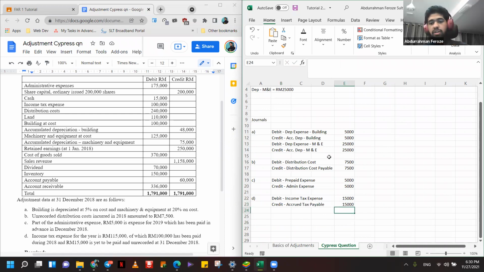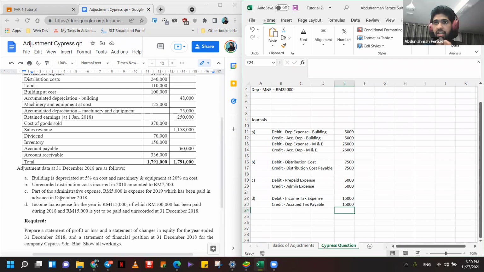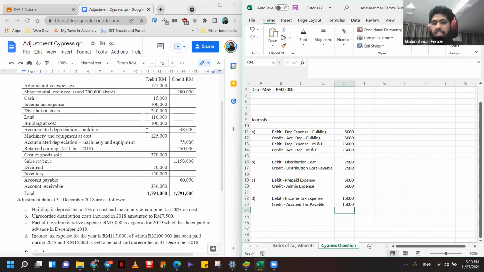Now we have generalized all the unrecorded transactions, and now we have to see how it changes the trial balance. So instead of making a T account, which will take a very long time, we can directly do it here. Let me show you how to do it.